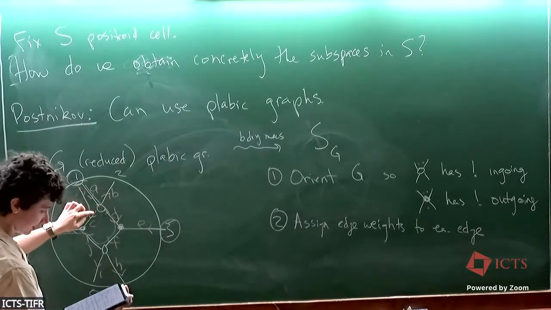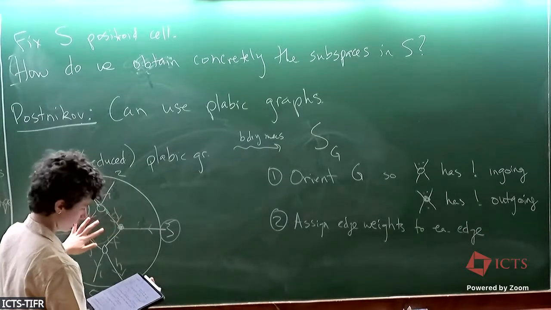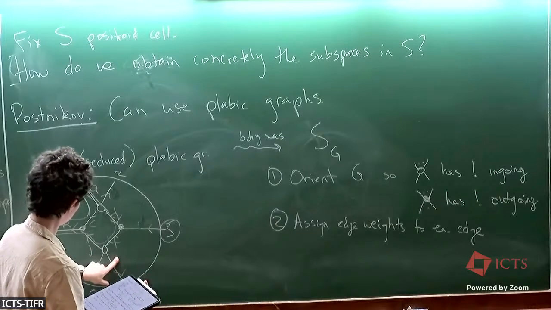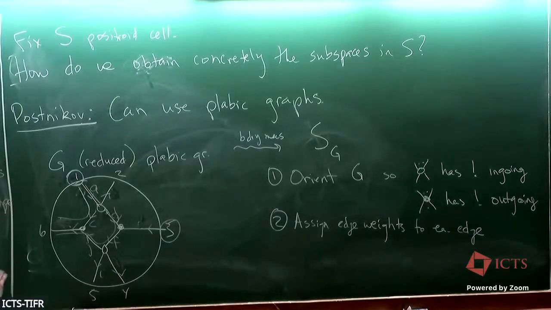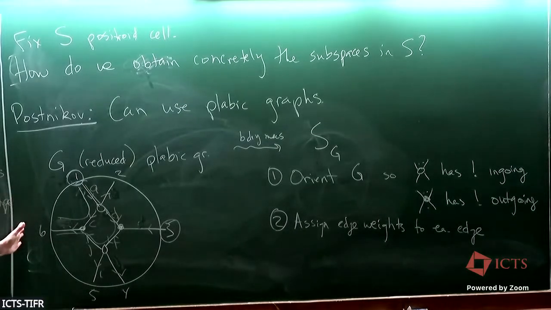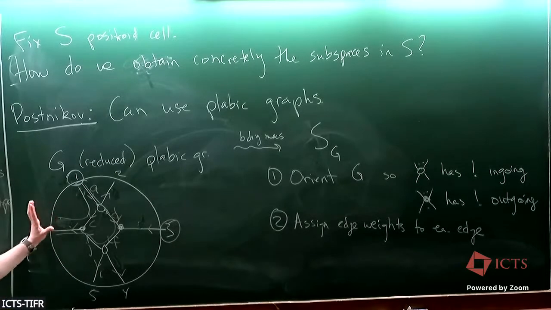Let me make sure I do it right. So I want to erase this one, this one, this one, and this one. So I'm allowed to set some of the edge weights to 1. And in the end, the number of edge weights I'm left with is the number of faces minus 1. That's sort of the smallest number that you're allowed.